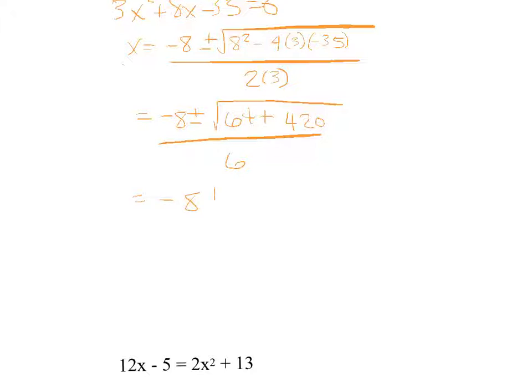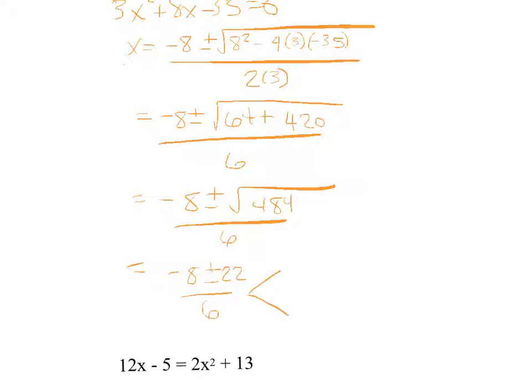So we have negative 8 plus or minus the square root of 420 plus 64 is 484, all over 6. Now if I try to square root 484, I get 22. Awesome. So now I have negative 8 plus or minus 22 over 6.